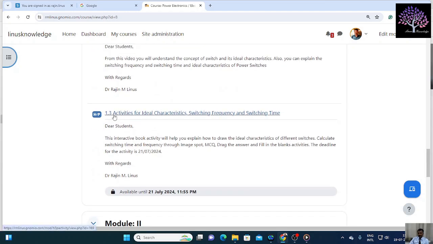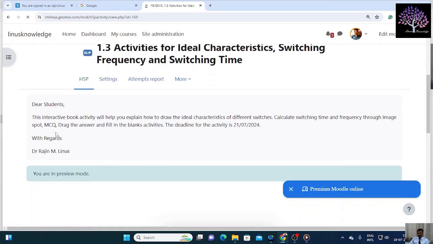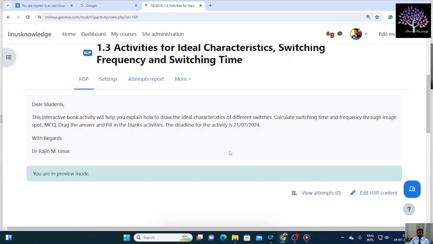After that, you can see activity 1.3, activities for ideal characteristics, switching frequency and switching time. Please click on this. You will see some instructions. Kindly go through the instructions, and I have given the deadline as 21st of this month, July. I already told you the information for whatever activities are included; it is mentioned there.